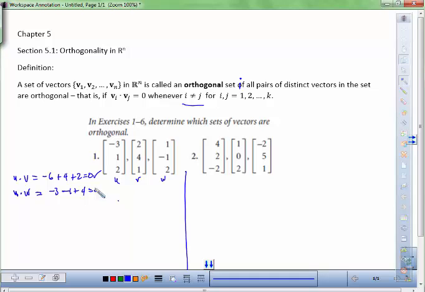So that's also equal to 0, so that checks out. And then V dot W would be these 2 vectors. That would be 2 minus 4 plus 2, which is also equal to 0. Now, technically, you should check W dot V, but fortunately, the dot product is commutative, so all those are taken care of. So in this case, we only have 3 things to look at. They're all equal to 0, so yes, this is an orthogonal set.